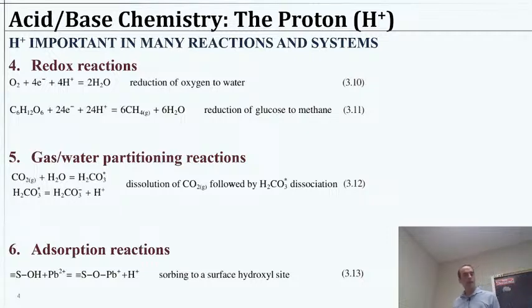Gas and gas-water partitioning reactions, specifically the carbonate system. I think there might be some others, but the carbonate for certain. When we dissolve CO2 gas, we end up getting the carbonic acid, H2CO3, which then has the acid-base equilibrium. So by manipulating the pH of something, you can get more or less CO2 to dissolve.